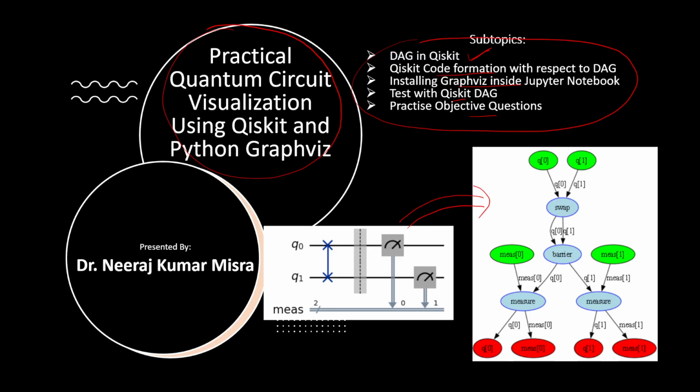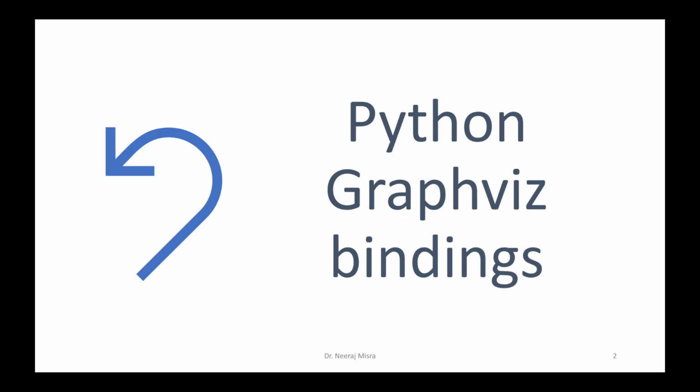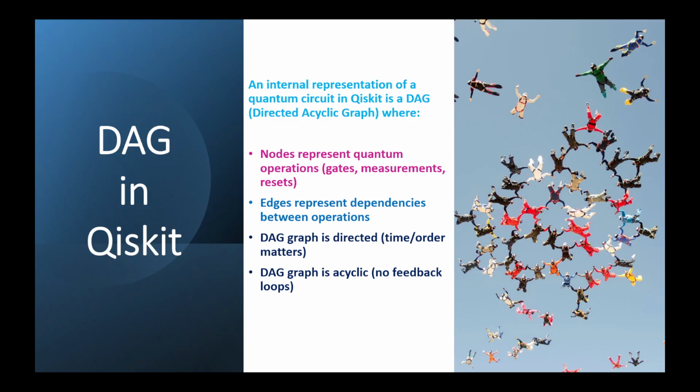So the agenda of this lecture is the Python Graphviz binding in a Jupyter notebook. What is a DAG? A DAG is a directed acyclic graph. What is the meaning of directed?